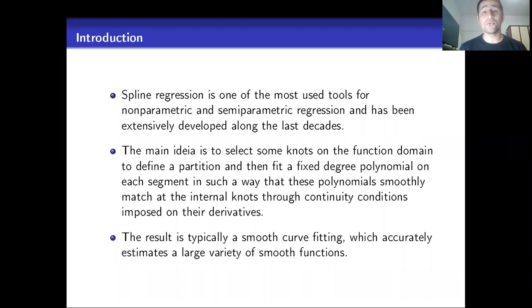We basically worked with spline regression models and the problem of determining the number and the positions of the internal knots that are required to perform this type of regression.